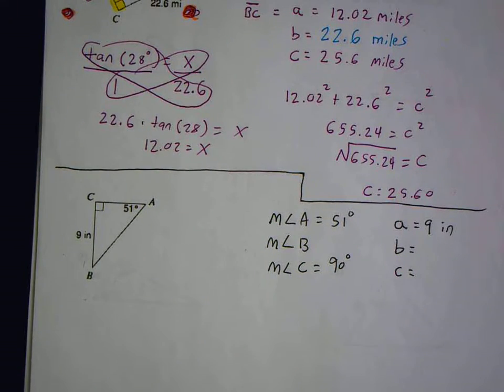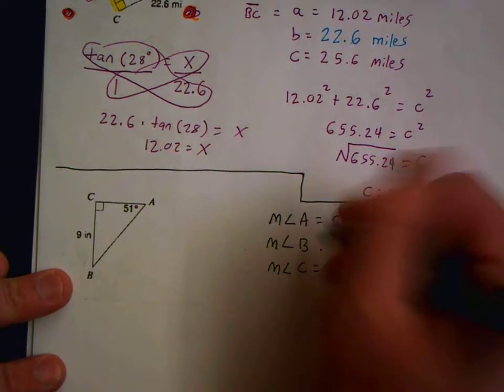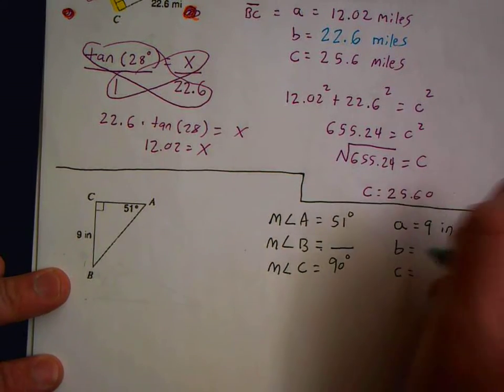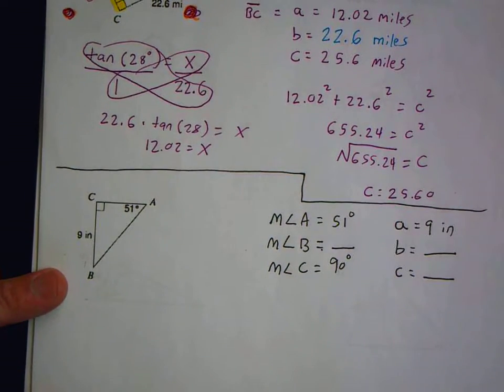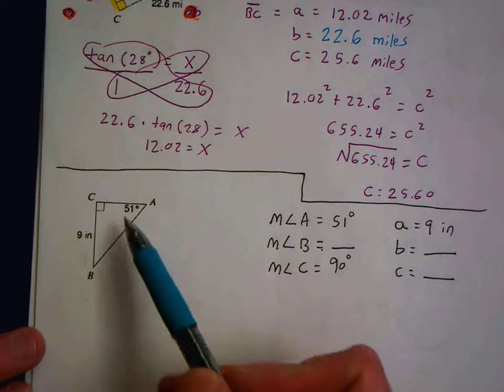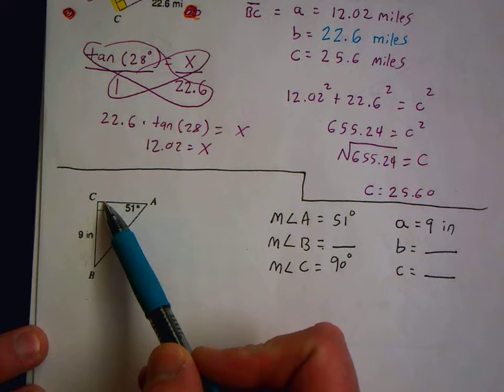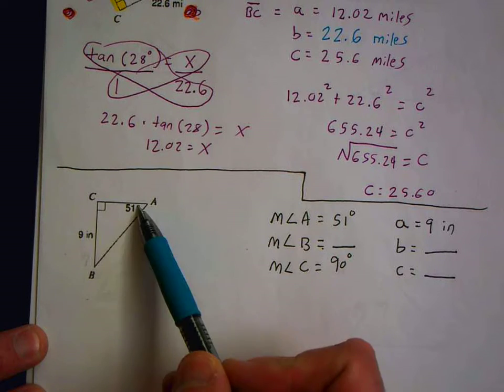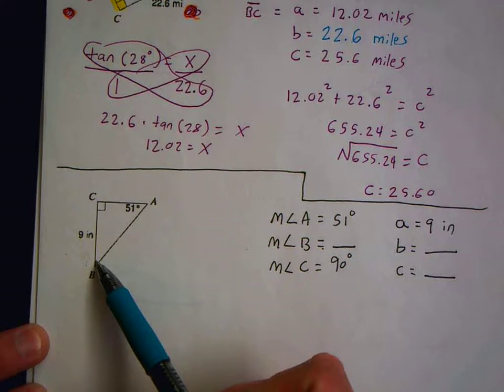So I need to find 3 things to complete this. I need to find that, and that. I would do the angles first. 51, 90. So 90 plus 51 plus what is 180?